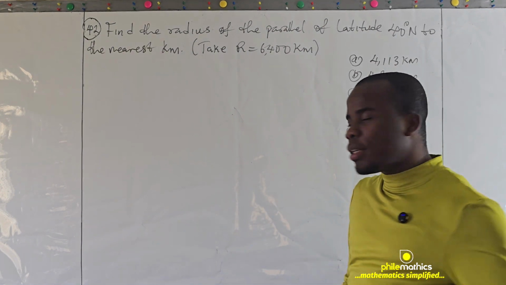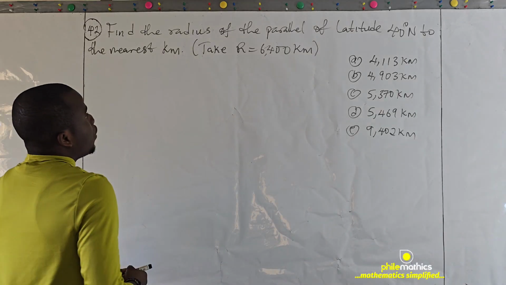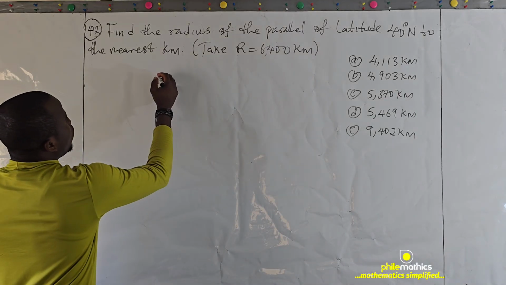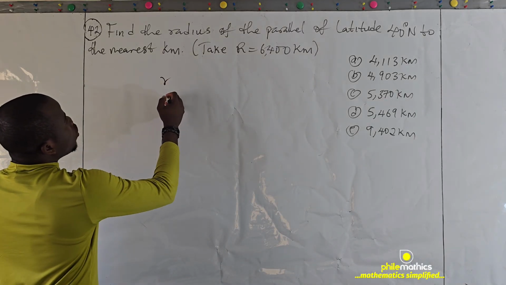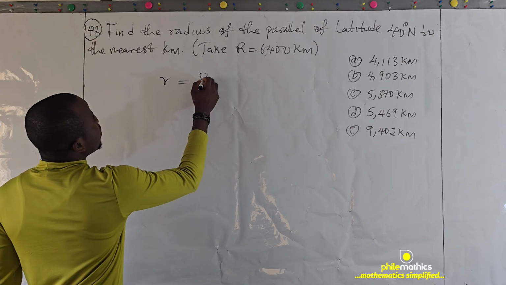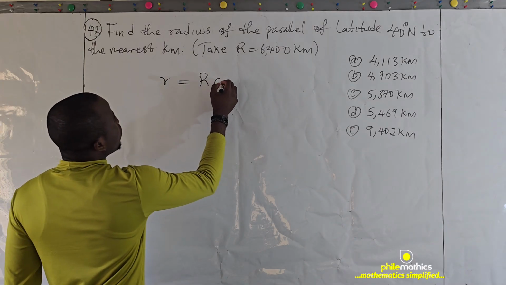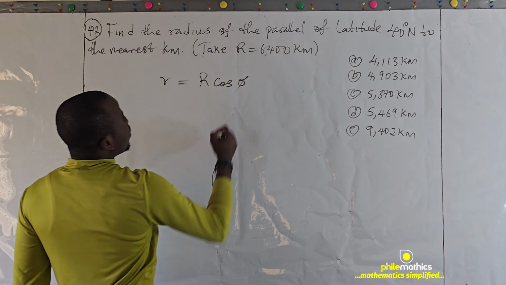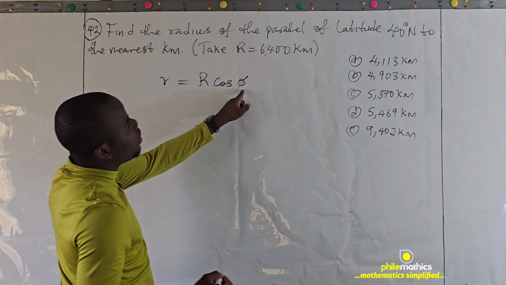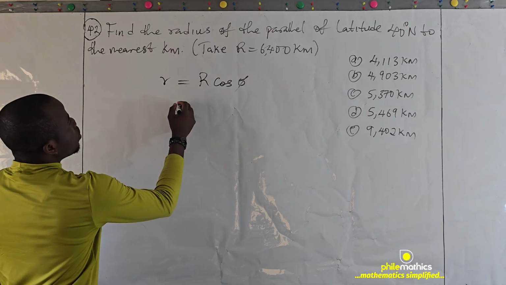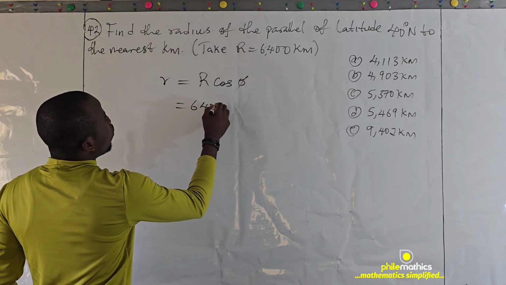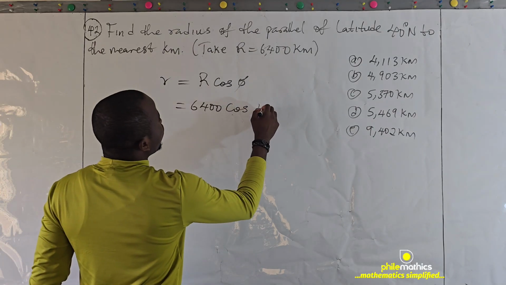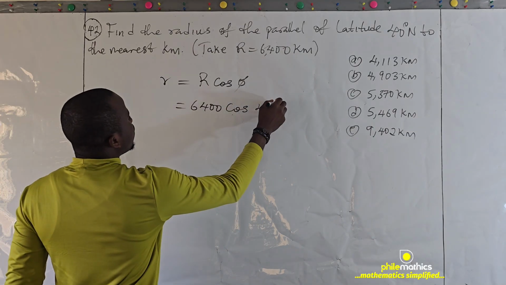Find the radius of the parallel of latitude 40 degrees north to the nearest kilometer, taking the radius of the earth as 6,400 kilometers. So we know that the radius of the parallel of latitude is the radius of the earth times cos phi, where phi is the latitude. So this is 6,400 cos 40 degrees.